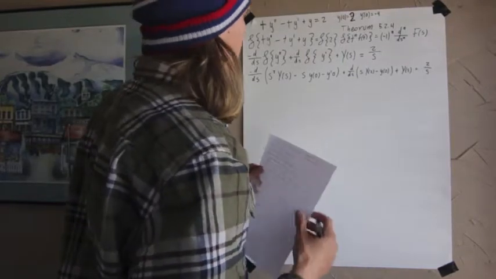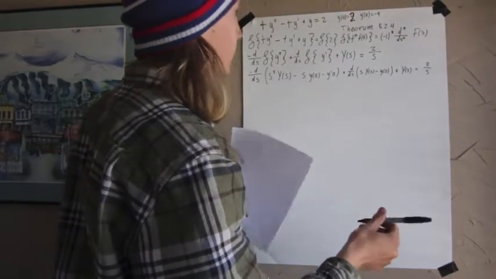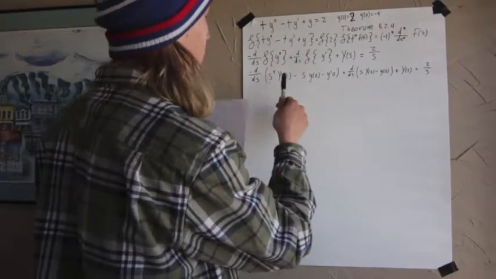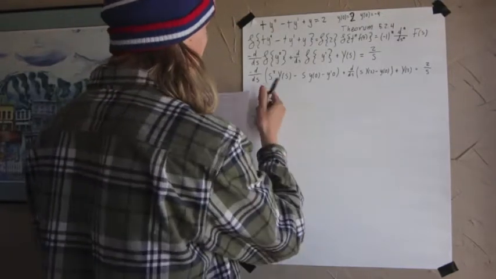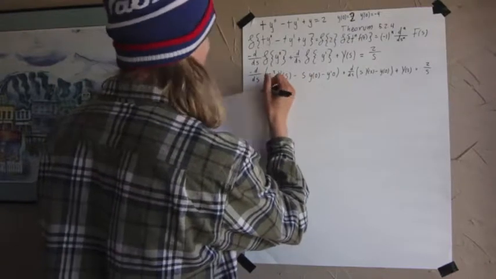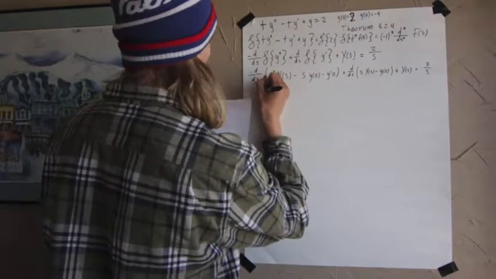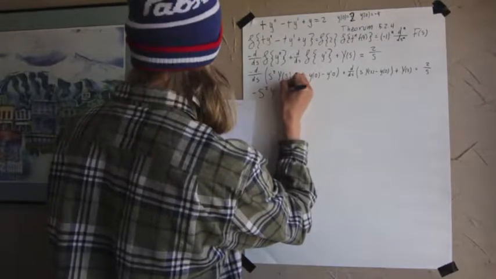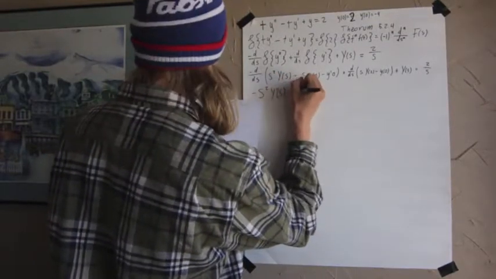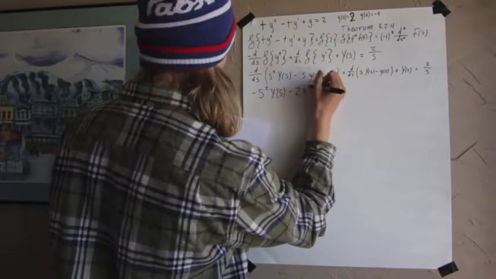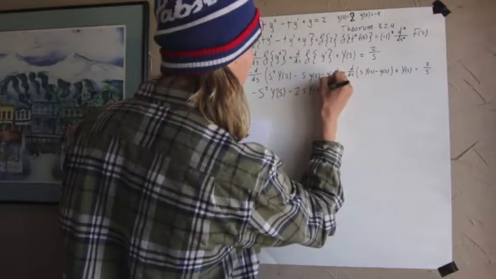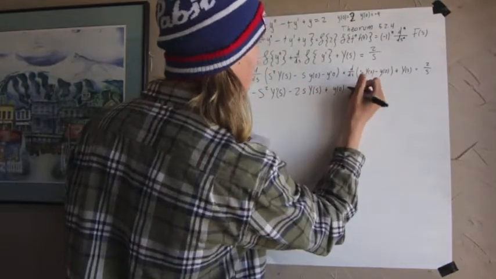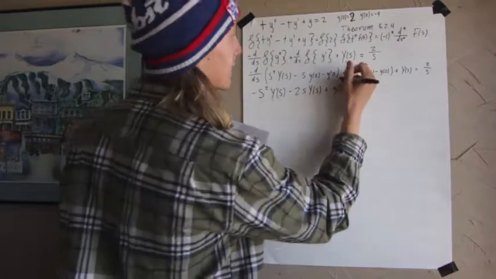Alright, so I'm going to factor and simplify here. These are pretty straightforward, just taking the product rule really of each one. It's going to yield us negative s squared Y prime of s minus 2 s Y of s plus y of 0. At this point we can realize that that is equal to 2.